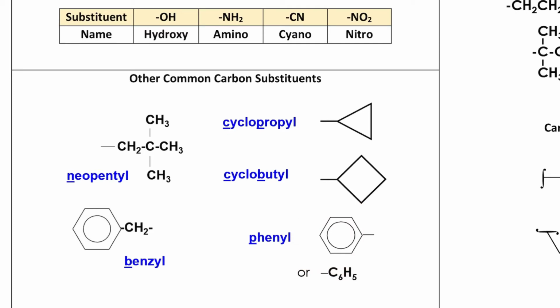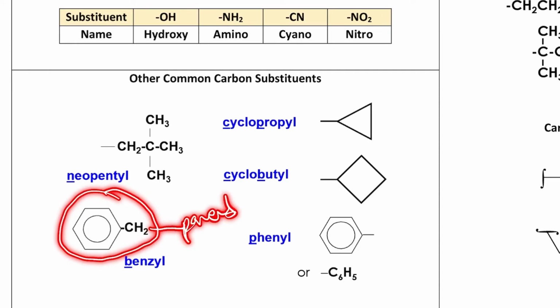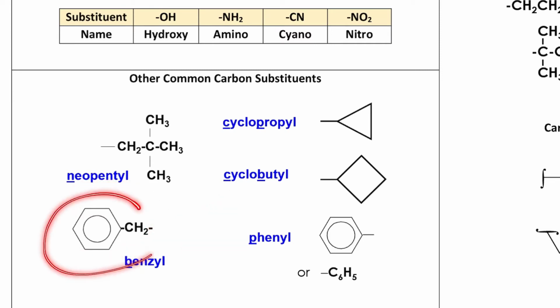Okay, but if you have benzene together with CH2, lepas tu CH2 ni bonded to parent. Okay, so kiranya substituent kita kali ni adalah ini. So, nama dia benzyl. Okay, student always confuse benzyl with phenyl. Okay, phenyl is benzene alone. Okay, so benzyl is when benzene bonded to CH2 and then that CH2 bonded to parent.